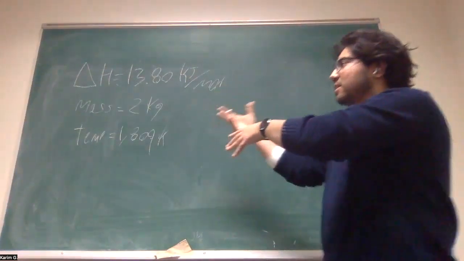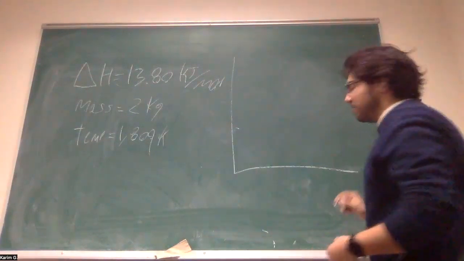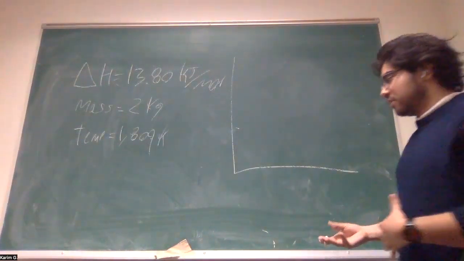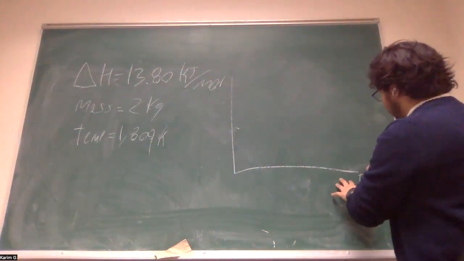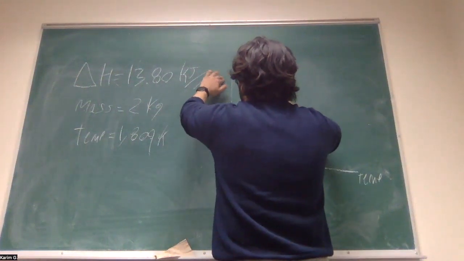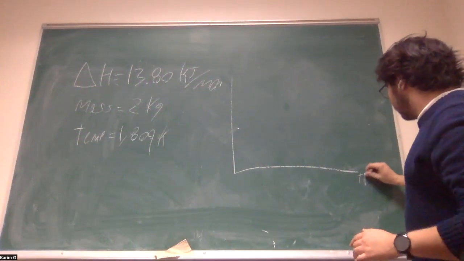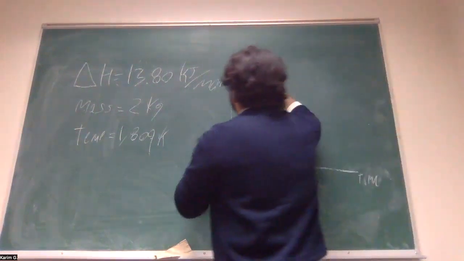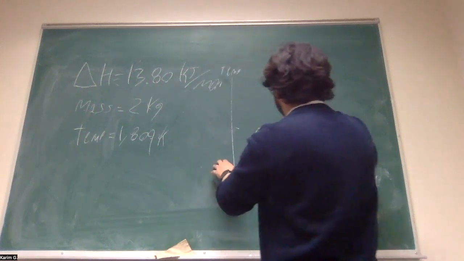So it's basically that problem, except we're not given specific heats. We're not given anything else. So remember, for these types of graphs, it's time at the bottom, and then temp.